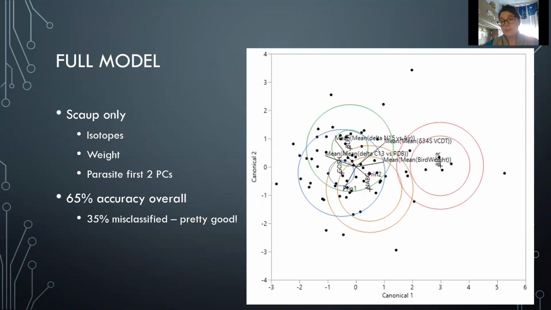This model, the best model, wasn't quite as good as with the two species of hosts included, but that's to be expected because the other one split the cormorants off and increases success substantially. Here we still have 65% accuracy, so only 35% misclassification, whereas the null model for this was expected to be 75% misclassification. So this is definitely still outperforming the null model.